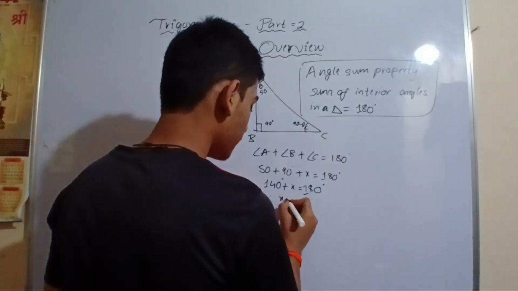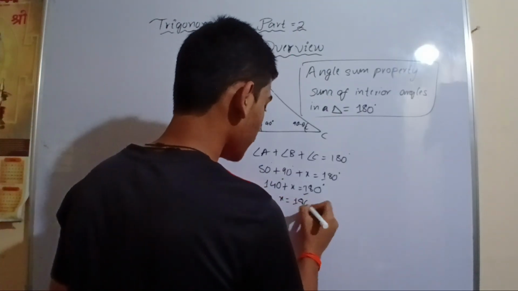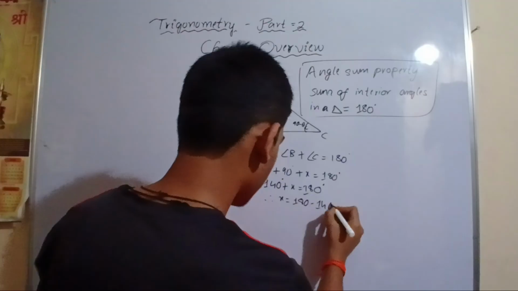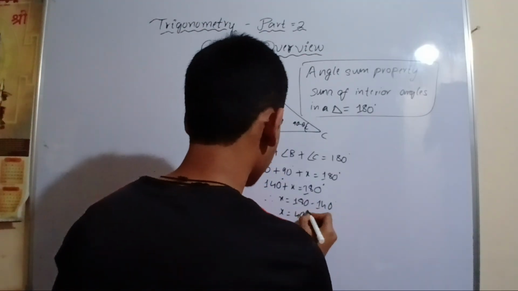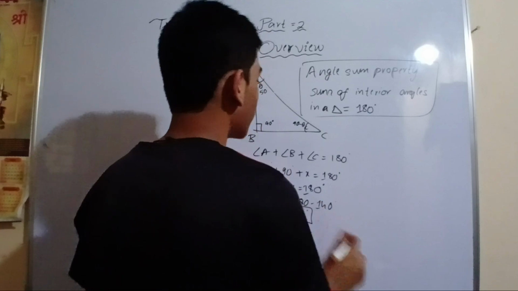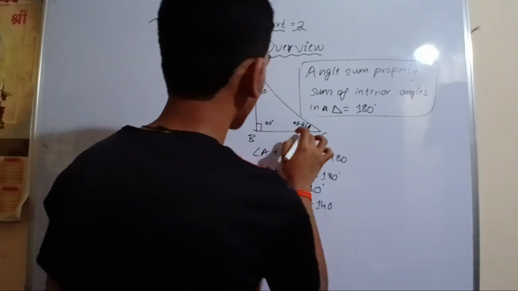Therefore, X equals 180 minus 140 degrees, which is nothing but X equals 40 degrees. Now we have gotten the value X equals 40 degrees.